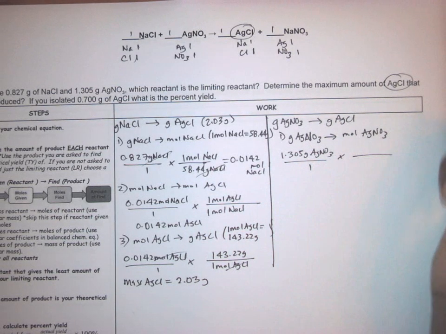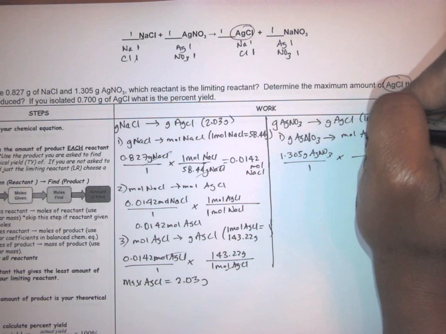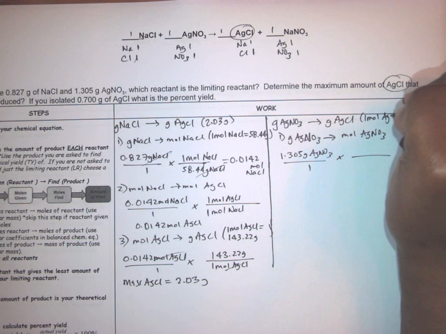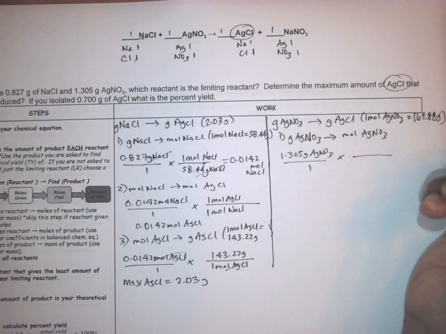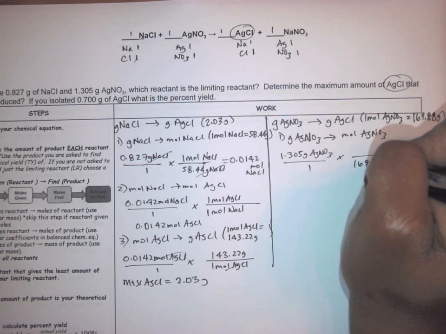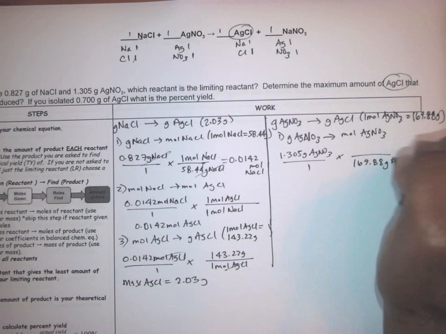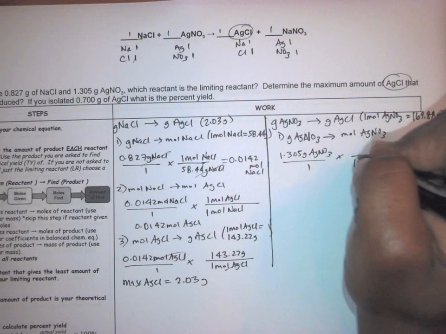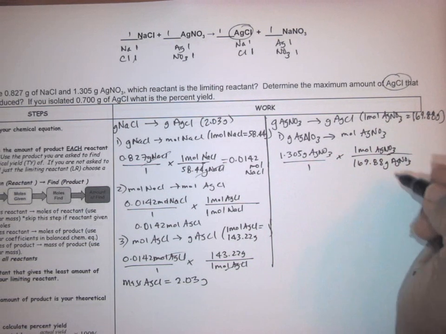All right, so we need to find the molar mass of AgNO3, which I have done as well, using that periodic table. So we get it to be 169.88. Okay, so 169.88 grams of AgNO3 goes on the bottom, so the grams of AgNO3 cancel out, and then the 1 mole of AgNO3 goes on top.